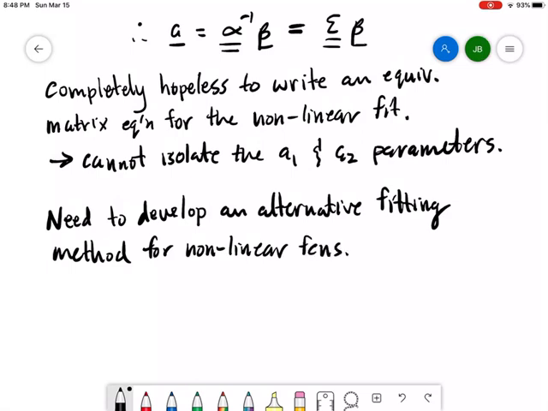And keep in mind, what we started with is a pretty basic nonlinear function. It was just the coefficient A1 times sine of A2x, and that already became a really hopeless case. If you had an even more complicated function, then it just gets worse.